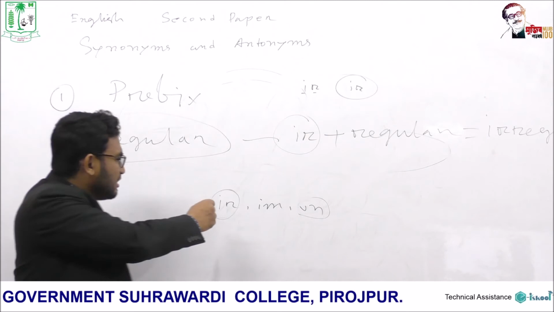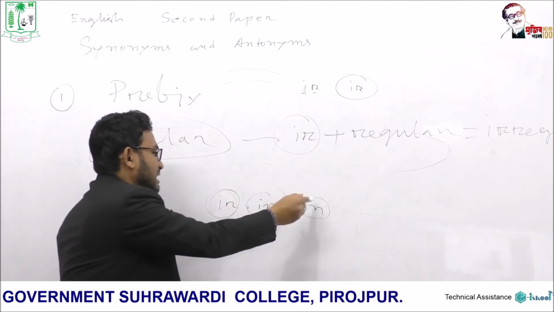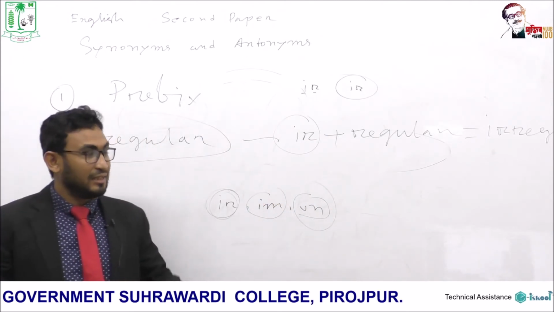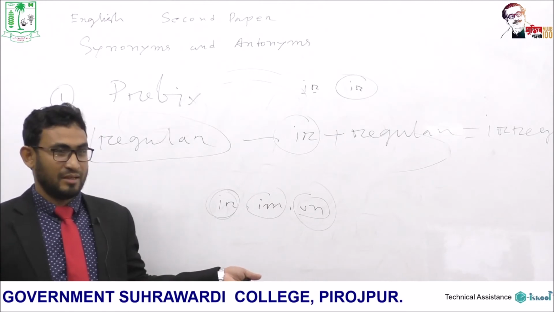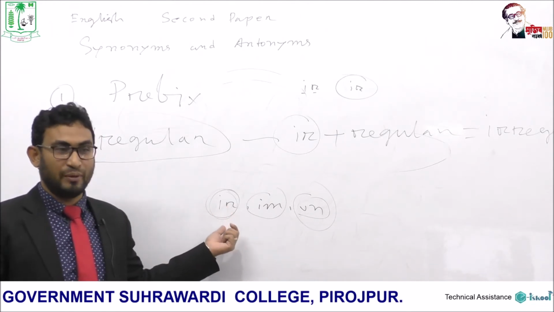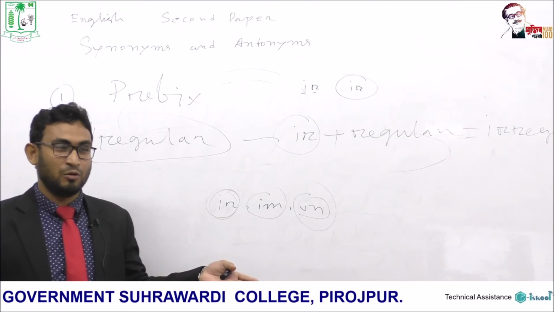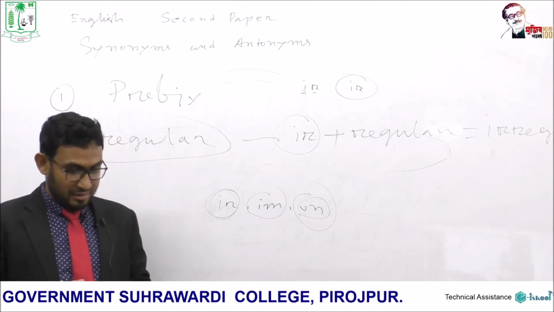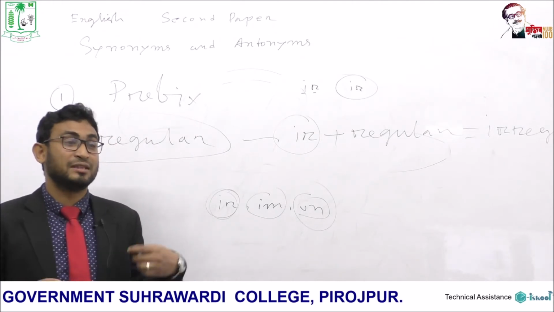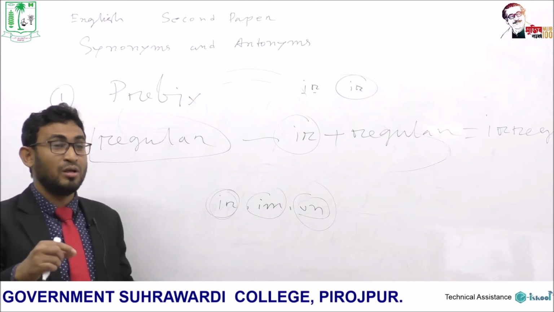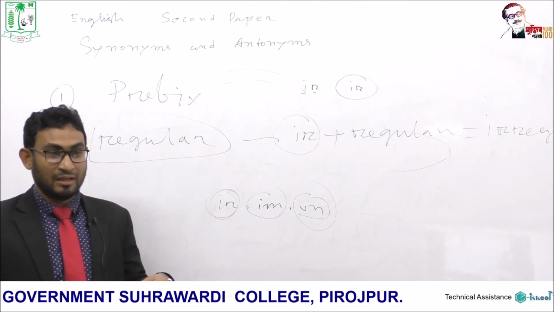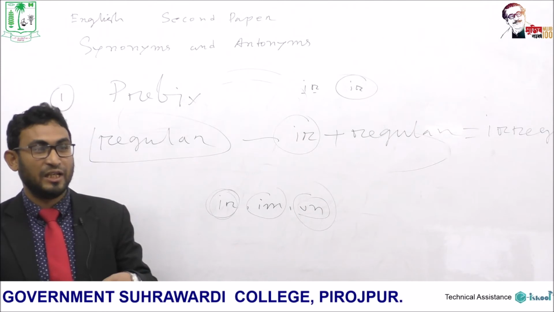But when these prefixes are added with other words, they can change the meaning. So here lies the importance of prefixes. Even in Bangla, upasargo themselves have no meaning. But when upasargo are added with other words, they change the meaning of these words.